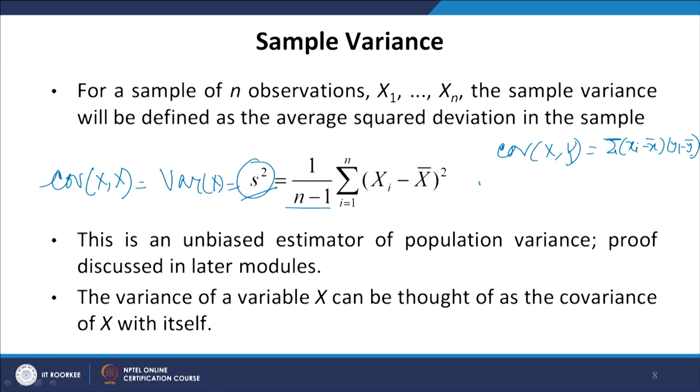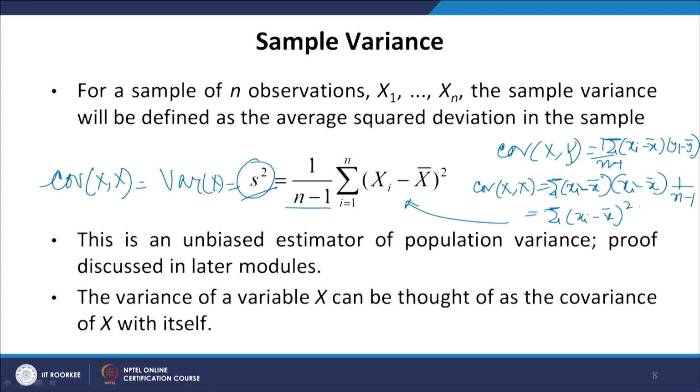So, here if we have covariance of x and x, then this is summation x i minus x bar into x i minus x bar, which is summation x i minus x bar square, and that is exactly the variance formula. We can have it divided by n or n minus 1, right.